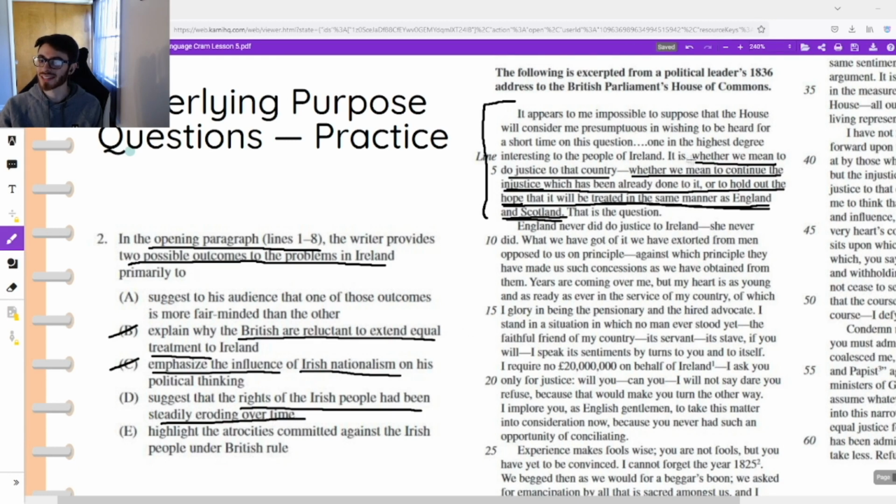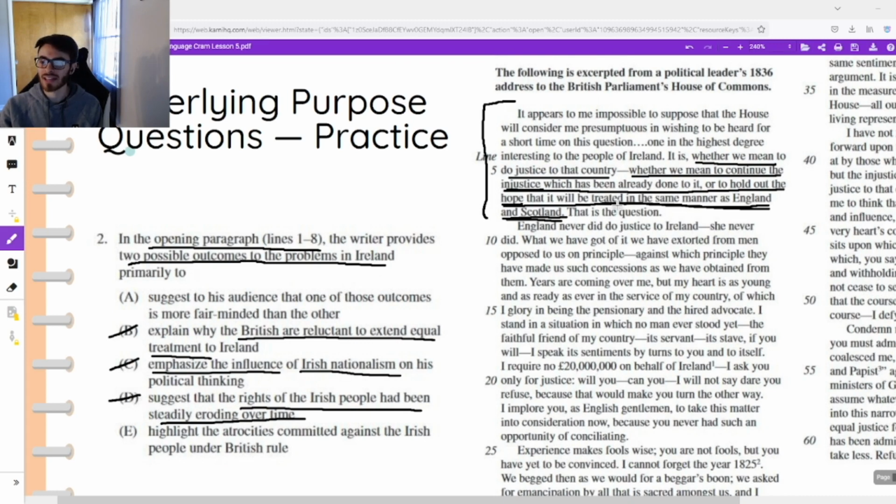When he says, we continue the injustice which has already been done, that does match, but again, that is not the primary purpose here. It is something that is implied by what he says, but his purpose is to show the contrast between the two outcomes. By characterizing the two outcomes in different ways, his purpose is to show that one is good and one is bad.